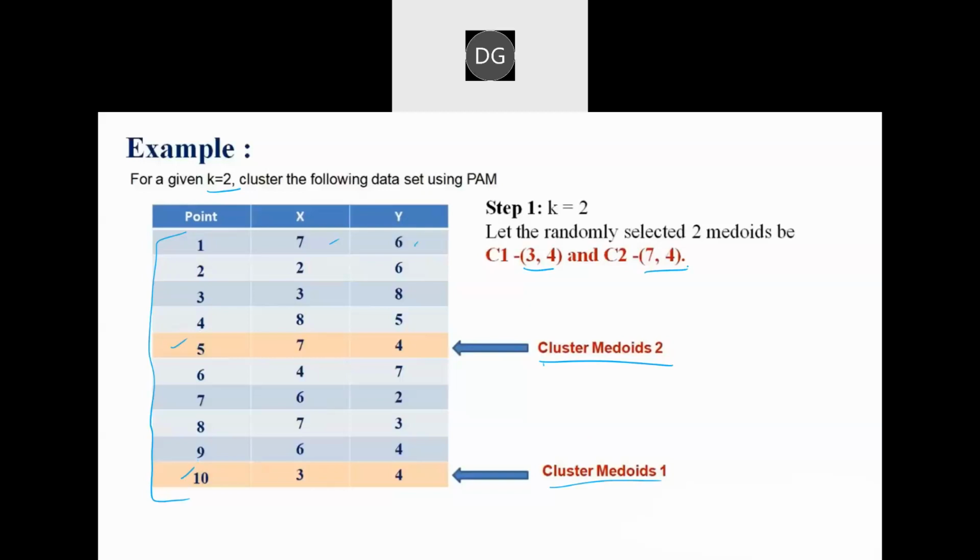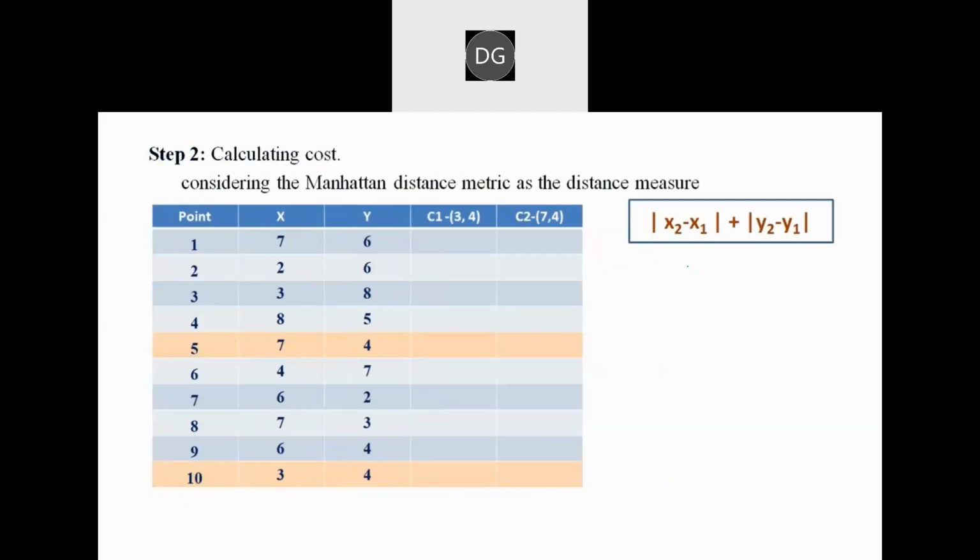Step 1. Then in step 2, I'm going to find the x2 minus x1 plus y2 minus y1, which is nothing but the Manhattan distance. So there are two cluster points, and I'm finding the distance for each cluster point.